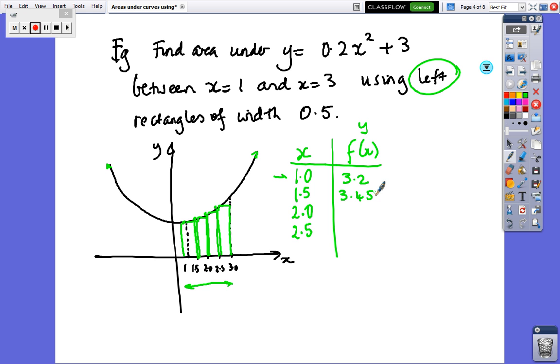I'm hoping these are okay as well. And so the area of a rectangle is length times width, and each of the widths is 0.5, but we're just going to have multiple rectangles, so we just add these numbers together.